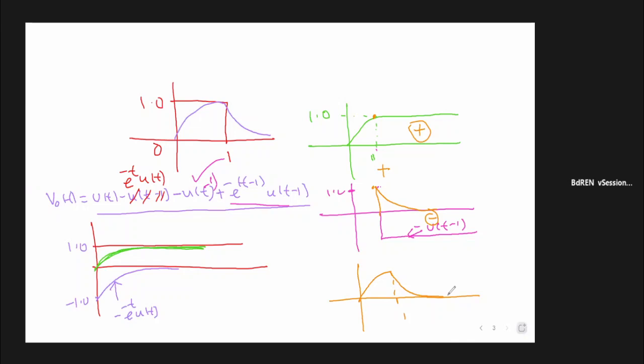Let us extend this problem to an example, a bit more complicated. Consider that we give this pulse to the input of our capacitor. Then what will happen?